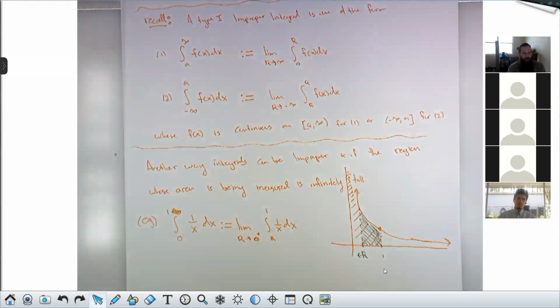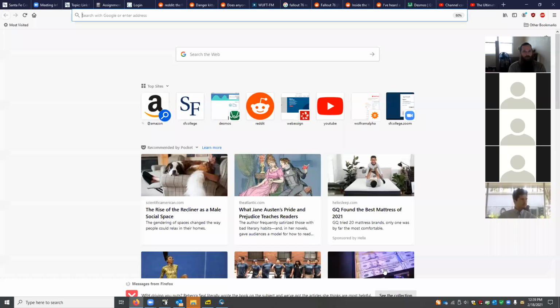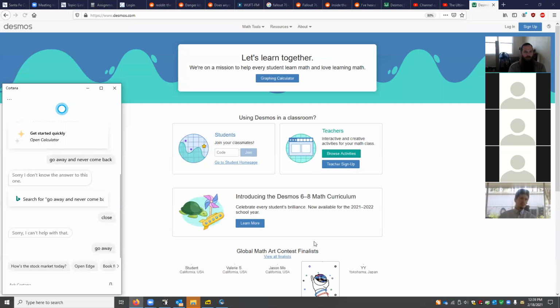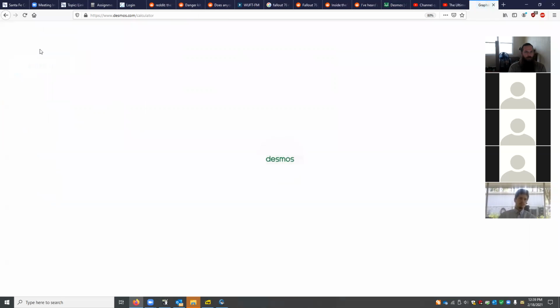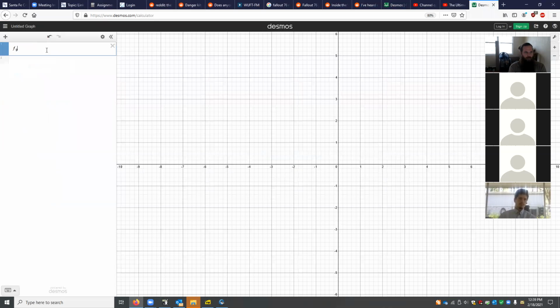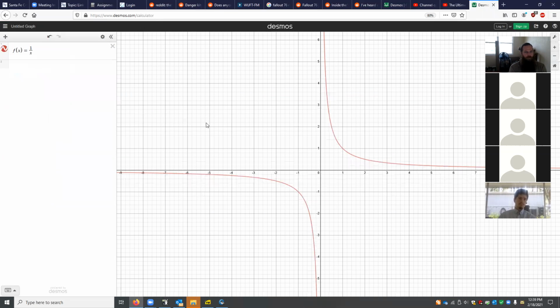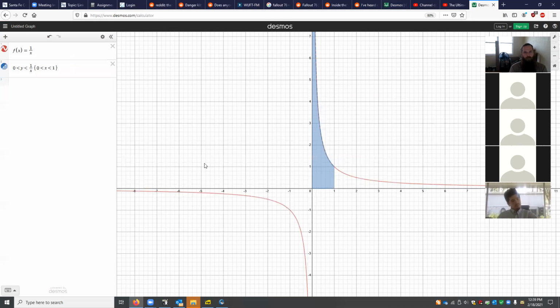If you want to see it in Desmos, 1 over x. The region we're really looking at here is 0 less than y less than 1 over x, it's this region.